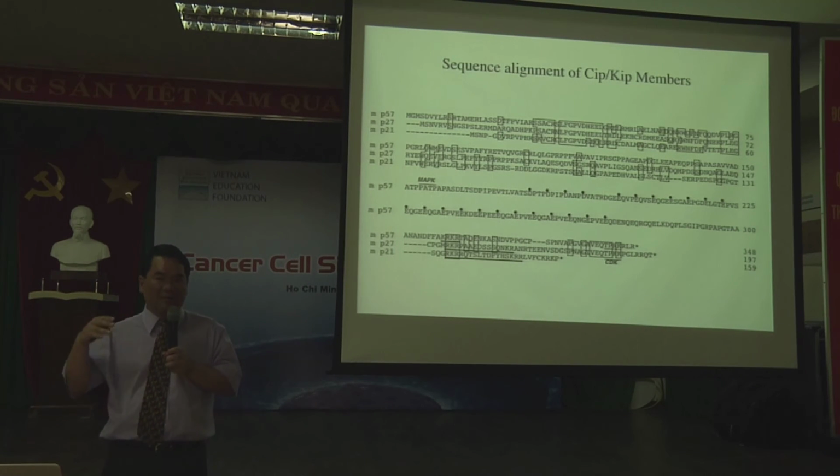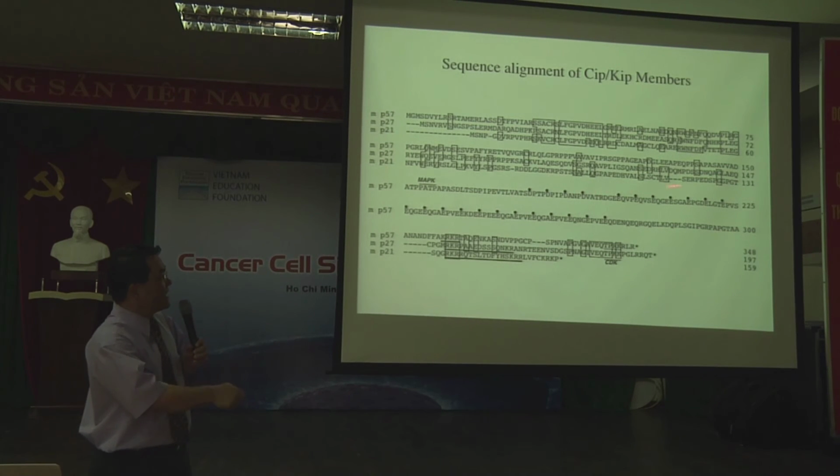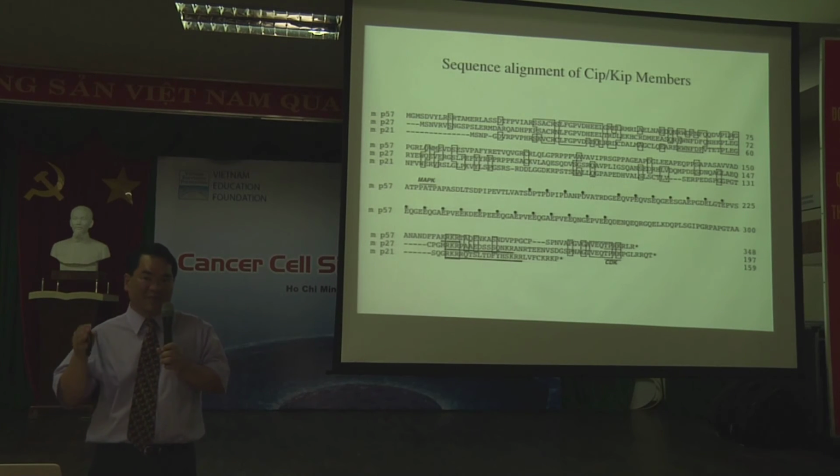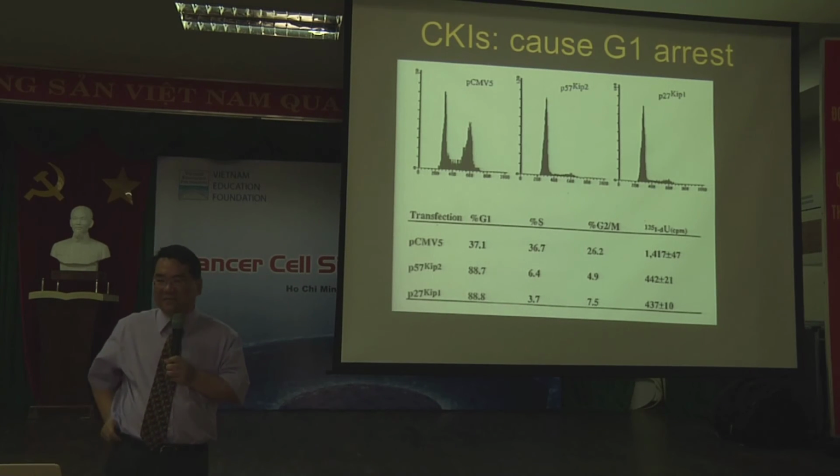If you remember a couple slides before about the protein features of the CKI family, they have the CDK interaction, CDK binding domain. It's actually located in the N-terminal of P21, of P27, and P57. So how does it cause a cell cycle arrest?